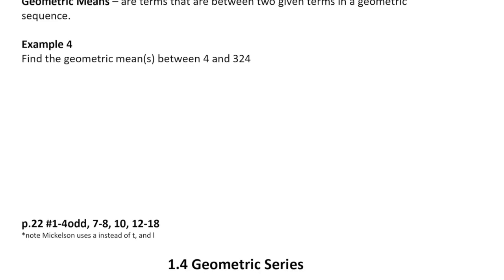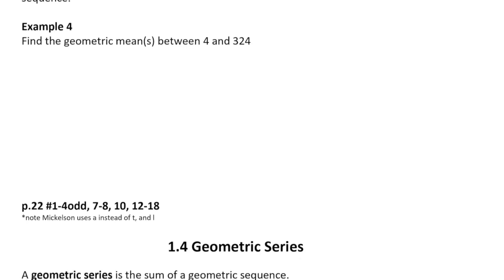So here we're going to use the term geometric mean, and it says find the geometric means between 4 and 324. What it should say is insert one value in between 4 and 324. It doesn't say that, so it's probably not worded quite as nicely as what we want. But we could say 4, blank, 324. So we're assuming that this means insert one term.